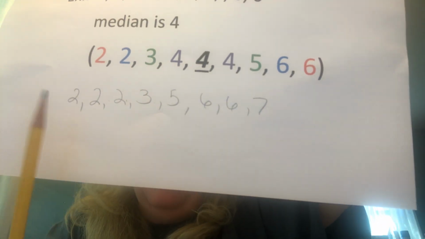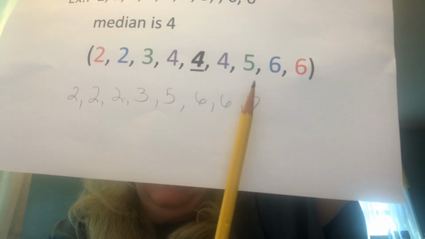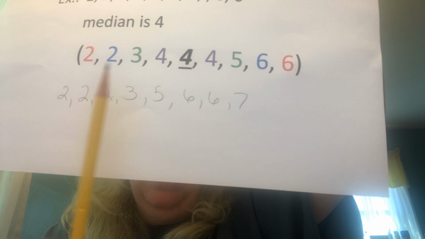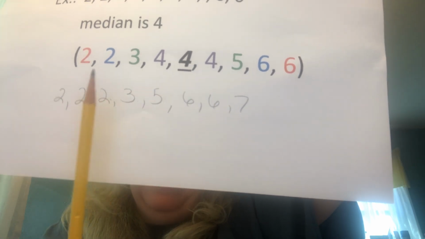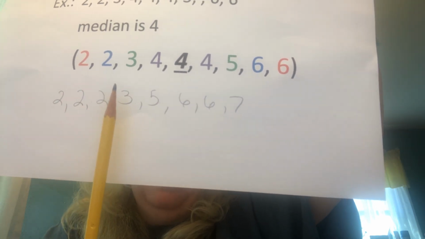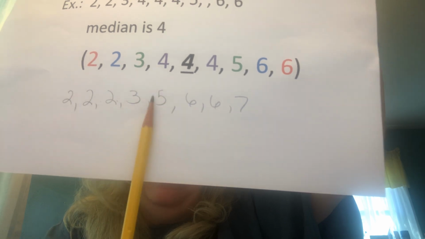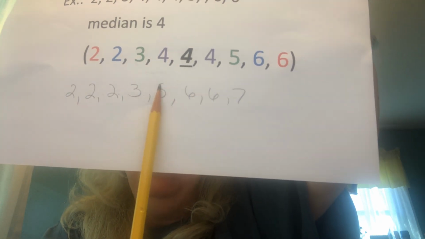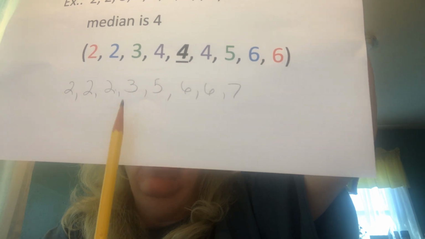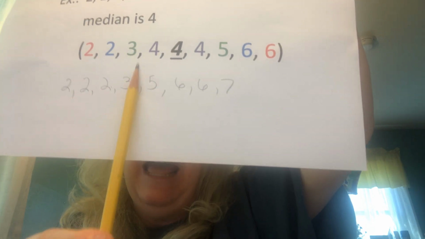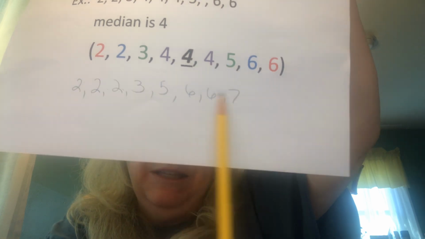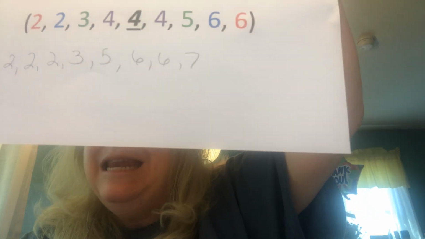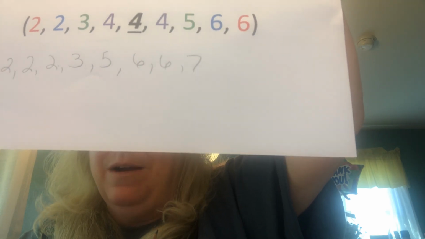So if you matched up, you'd match up a 2 with a 7, and a 2 with a 6, and a 2 with a 6, and a 3 and a 5, and there is no middle number here. So what you would do is add the 5 and the 3, and you would get 8, and then you take it in half. So out of this particular set, coincidentally, the median would be 4.